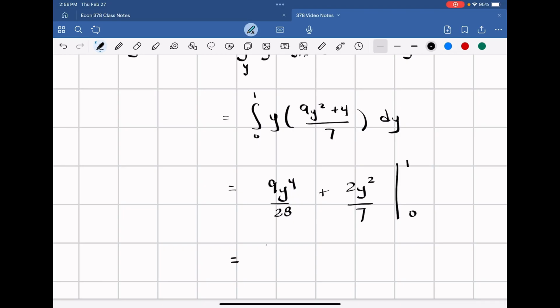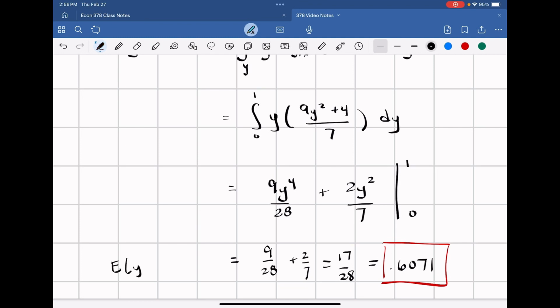So this is equal to 9 over 28 plus 2 over 7, which is 17 over 28, or 0.6071. And so there we have the expected value of y given that x is equal to 0.5.